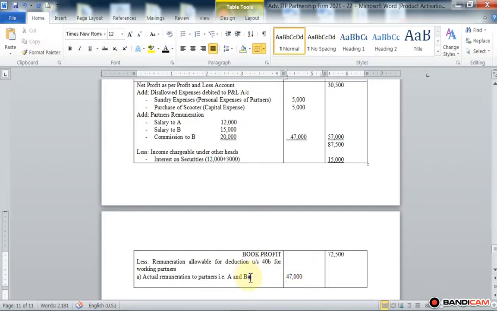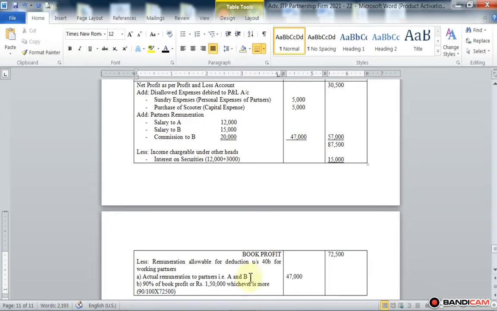Now B part, that is 90% of book profit, or rupees 1,50,000, whichever is more. So compute 90%. 90 divided by 100 multiplied by 72,500.